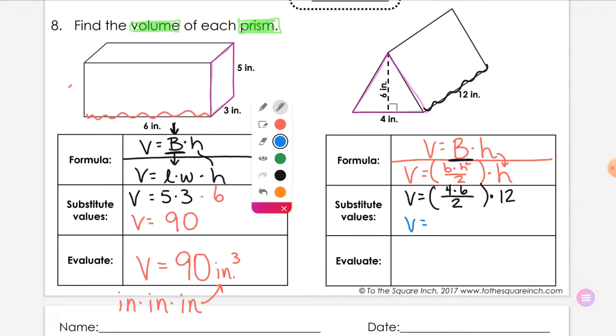What's 4 times 6? 24. 24 divided by 2? 12 times 12 is? Label? Inches cubed. Cubic inches.